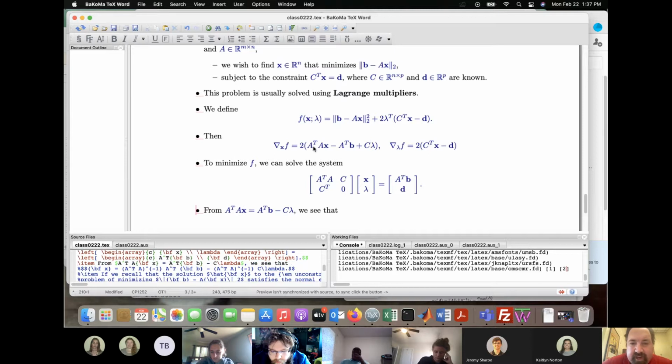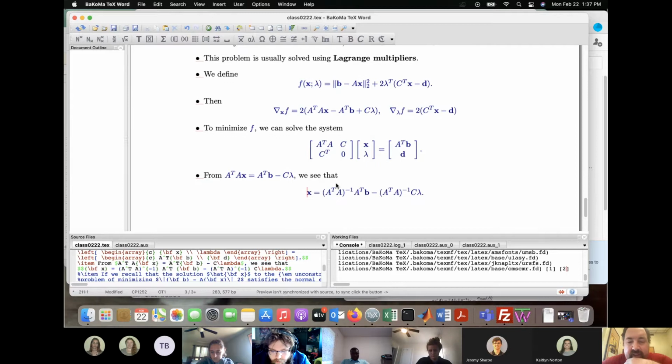Now, from setting this equal to 0, what I can do is multiply both sides of this by (A transpose A) inverse, which is known to exist because A has full column rank.